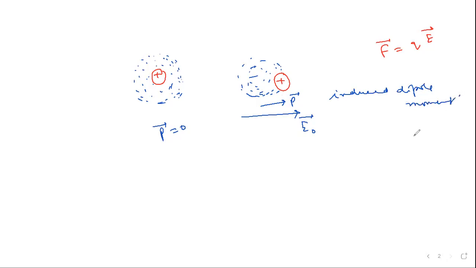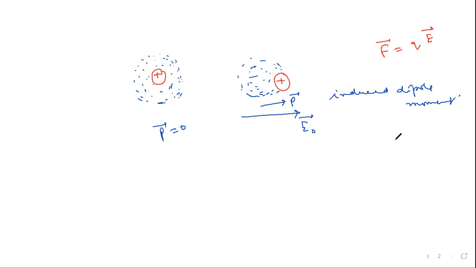Right? The same is the situation in case of non-polar dielectrics. Their molecules do not have permanent electric dipole moments, but they acquire them by induction when placed in an electric field.